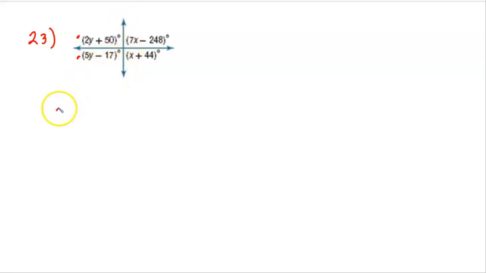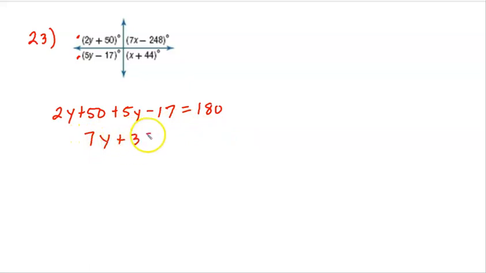Okay, so let's see, 2Y plus 50 plus 5Y minus 17 equals 180. 7Y plus 33 is 180. 180 minus 33 is 147. 147 divided by 7 is 21.